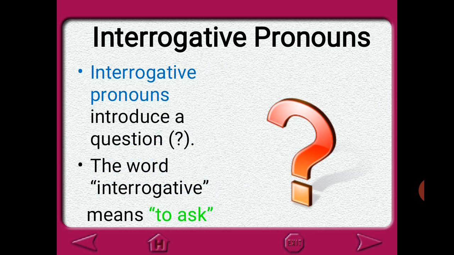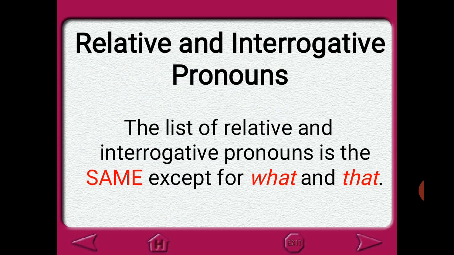Then interrogative pronouns, very clear from the word interrogative. Interrogative pronouns introduce a question. The word interrogative means to ask a question. Relative and interrogative pronouns are almost the same.